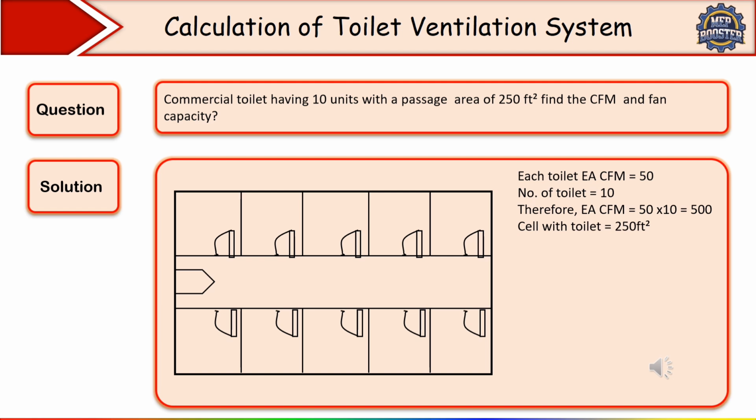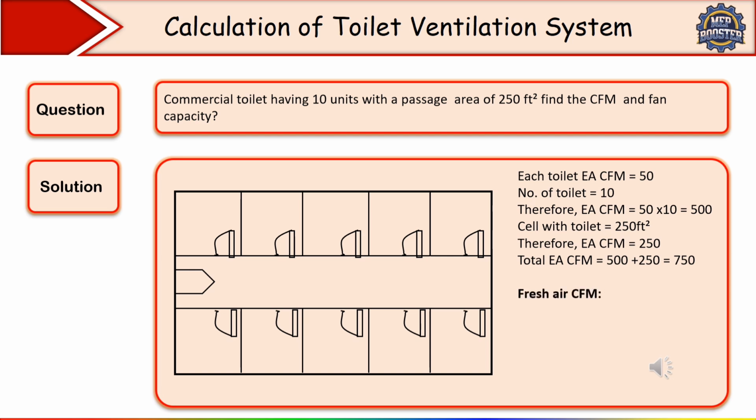The passage area is given as 250 square feet, therefore we have to exhaust 250 CFM. So add both of them, the total which you have calculated for the toilets and for the passage area. So total exhaust CFM is 500 plus 250, 750 CFM of air we have to exhaust from this commercial toilet.